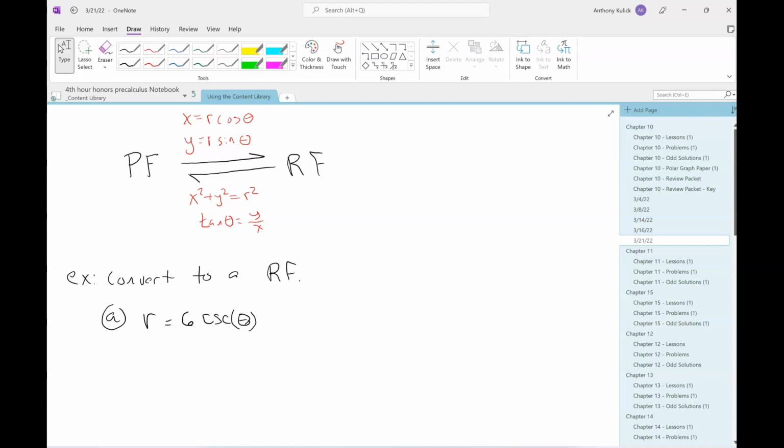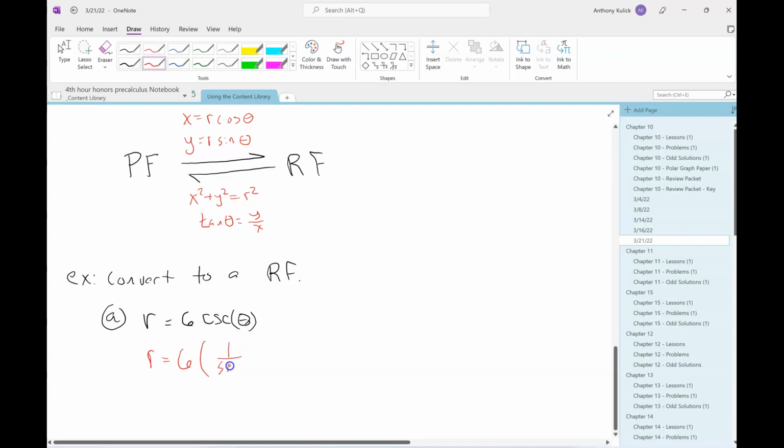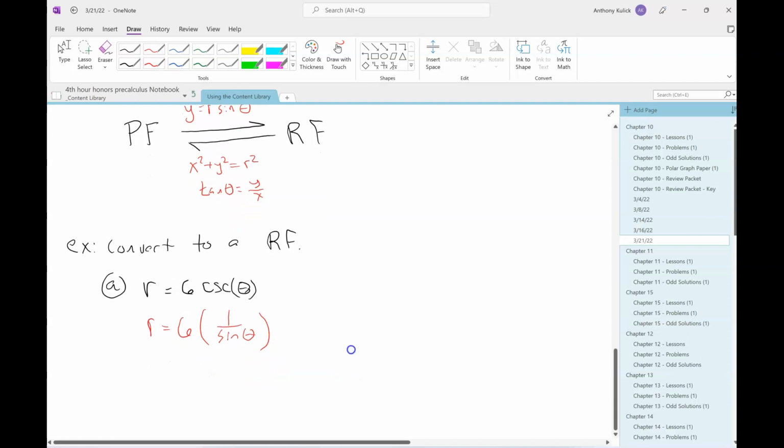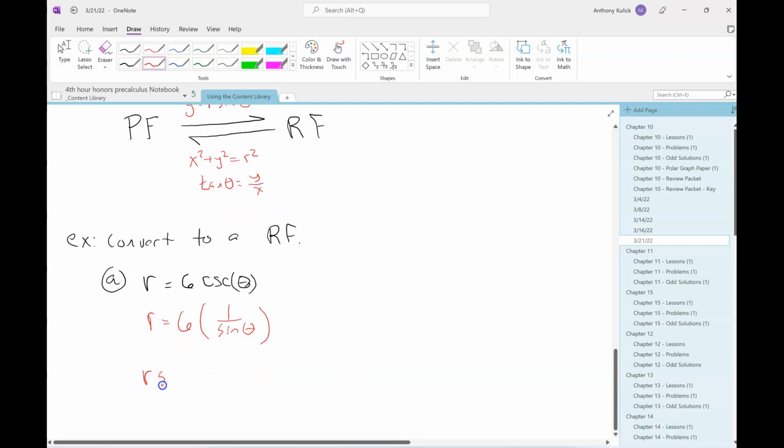The first thing that I'm going to want to do on this is try to rewrite this in terms of sines and cosines. So I remember that cosecant is the same thing as 1 over sine theta. And then if I multiply both sides by sine theta, that's great, because what is r sine theta equal to?